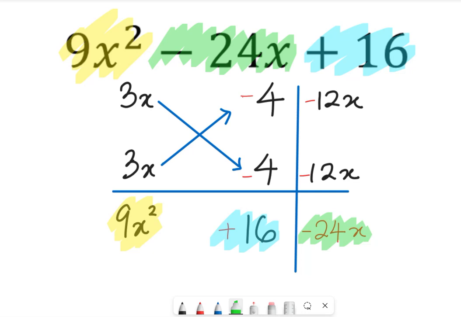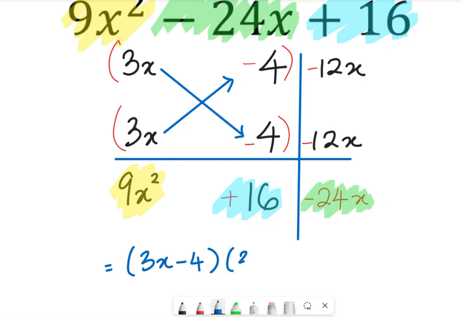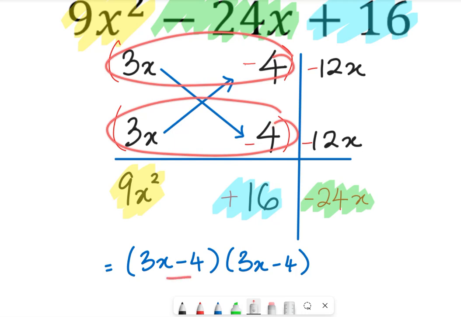Once you do that, these two become your answer, your brackets. So my answer for this question would be 3x minus 4 times another 3x minus 4. So these two brackets are my answer.